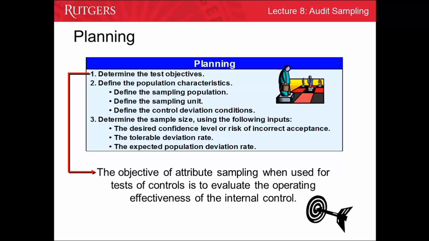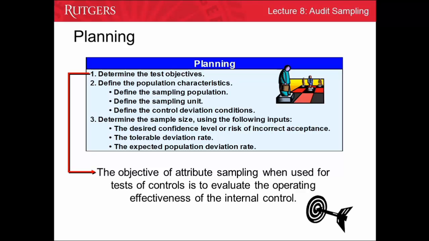The objective of attribute sampling when used for tests of controls is to evaluate the operating effectiveness of the internal control for purposes of the internal control audit for public companies, or to determine the degree of reliance that can be placed on controls for the financial statement audit.